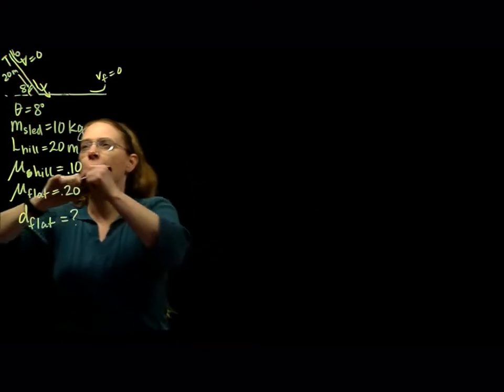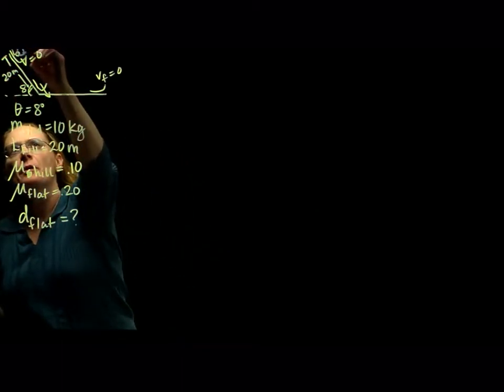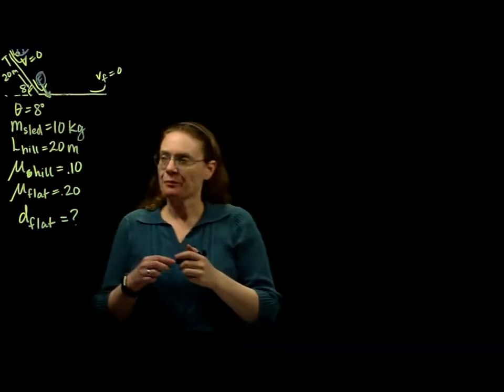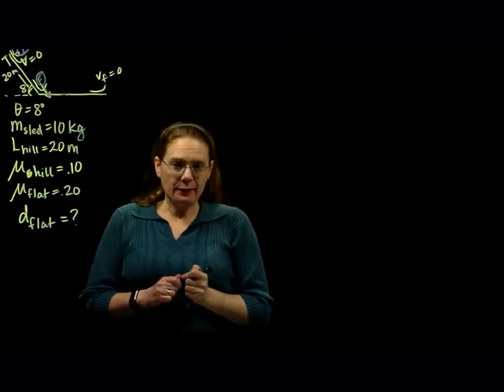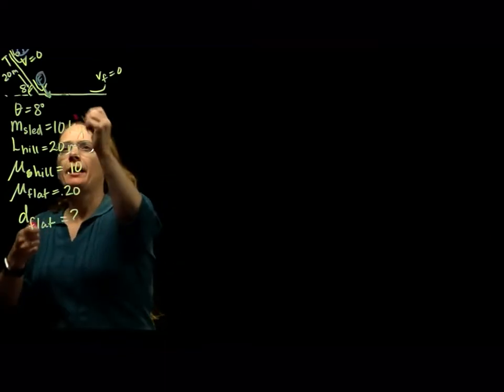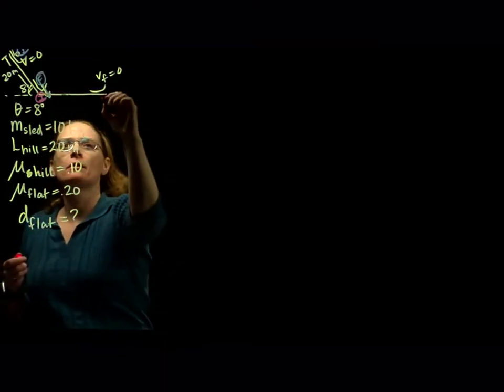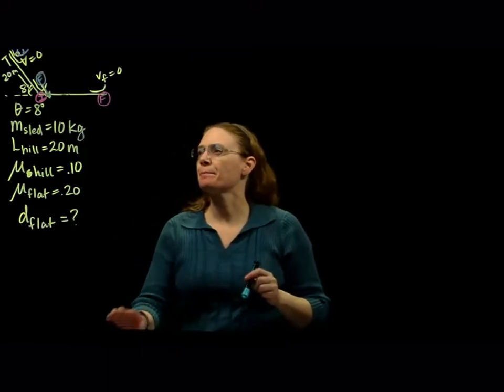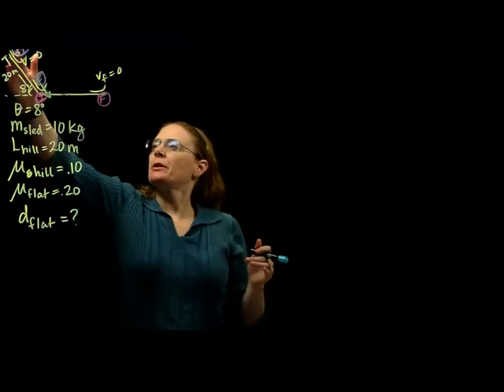So initial is up here, and my final is right here when it's moving downward. And then after that, I will say, okay, initial here and final here. So two separate steps.